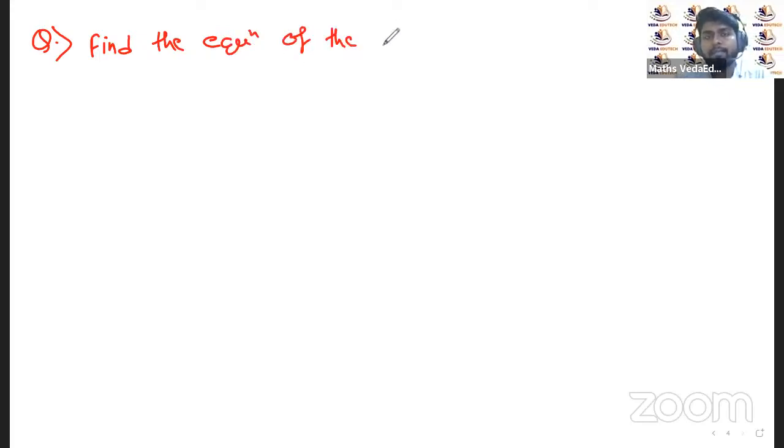The question is like this: find the equation of the line midway between the two parallel lines.